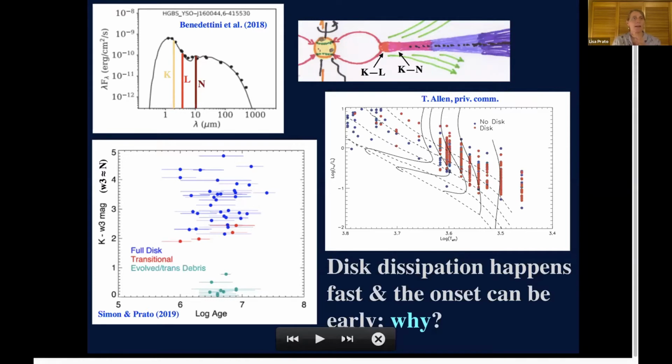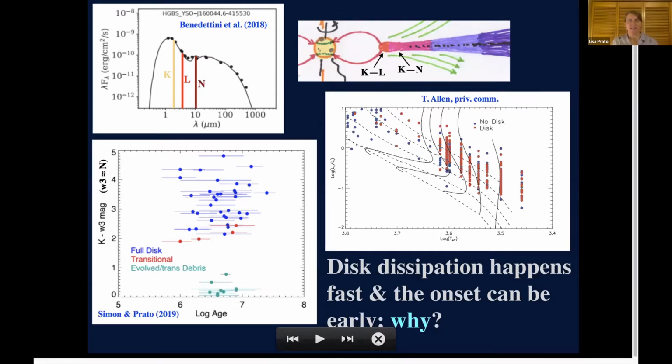And so one nice way, if you don't want to go and get a whole spectral energy distribution, one very compact way to get a sense of whether there's warm dust in a system from a disk is to look at the colors. You can look at the K-L in the near infrared, you can look at K-N, which gives you a lever into that mid-infrared region. That's coming in the top right cartoon there.